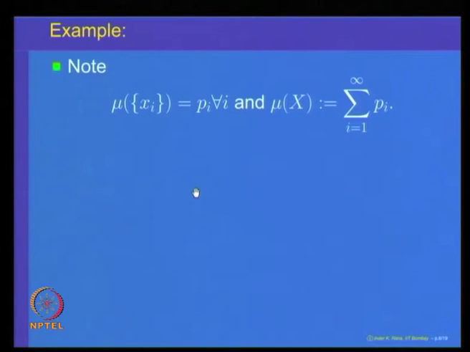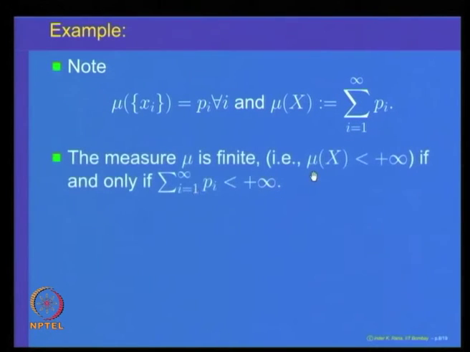An obvious consequence of this is that mu of X is finite whenever this series is convergent. One says this discrete measure mu is finite, that is mu of X is less than infinity, mu of the whole space is finite, if and only if the summation of p i is less than infinity.